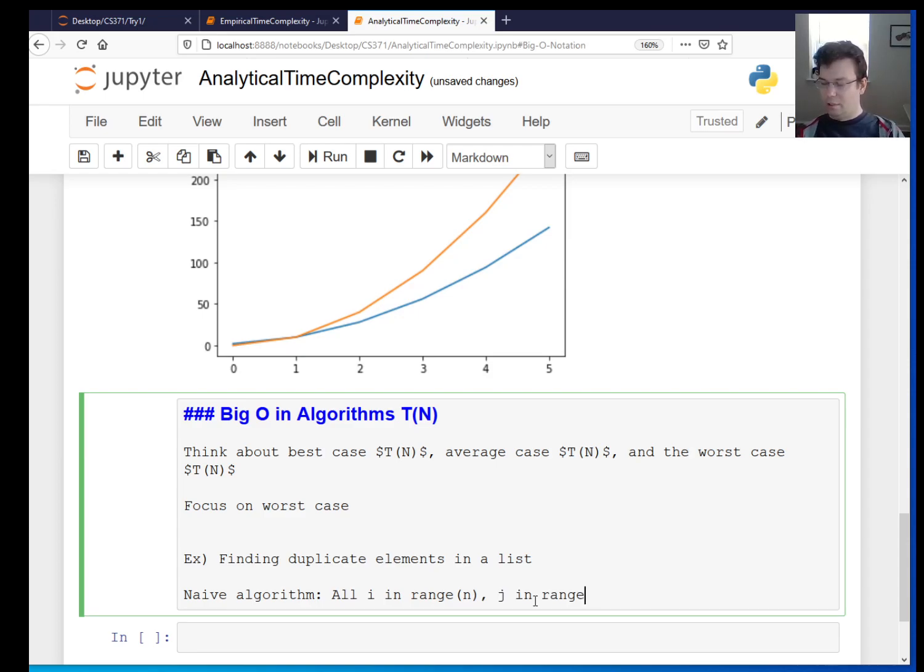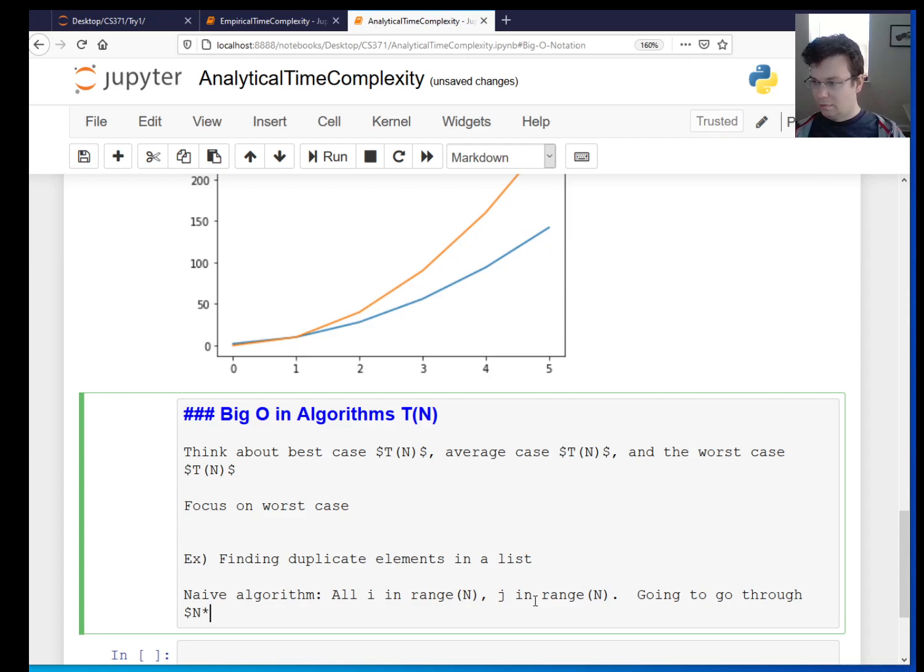And after you stare at it for a second, you realize that this is going to go through n times n pairs or iterations.